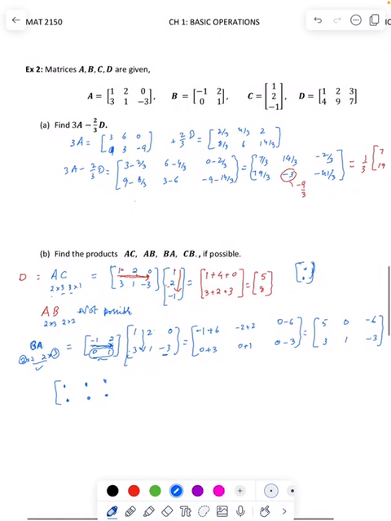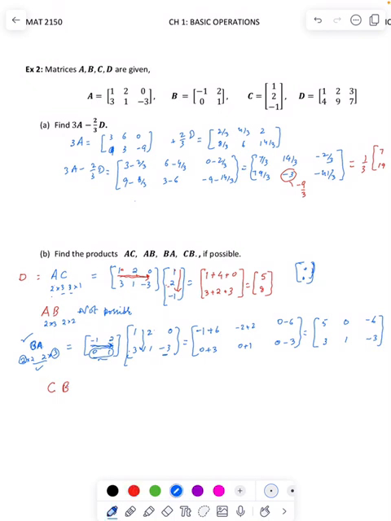Okay, so then in the same way, let's see, can we find BA? Yeah, we did find BA. AB was not possible. What about CB? C times B. Can we find that? What is the order of C?